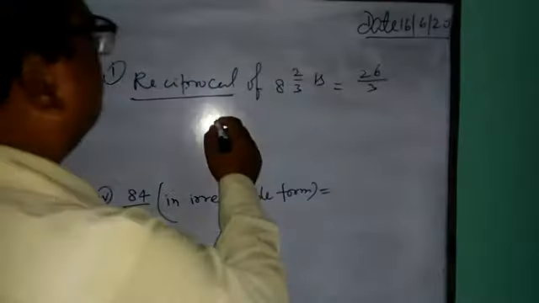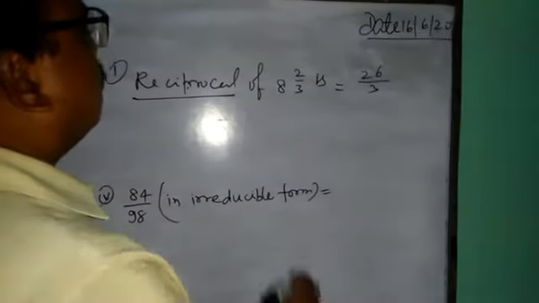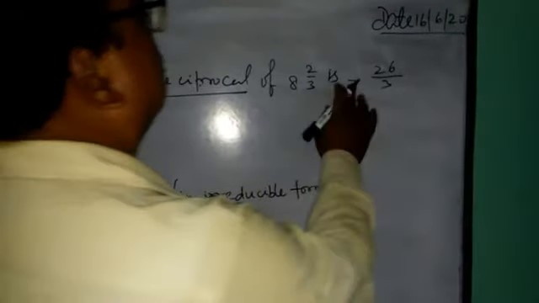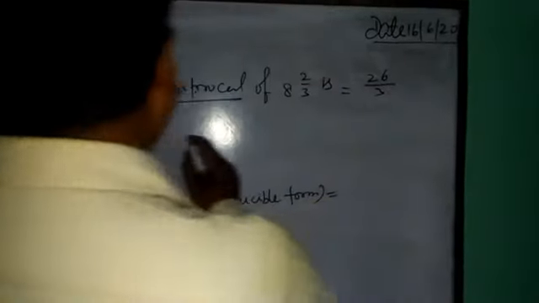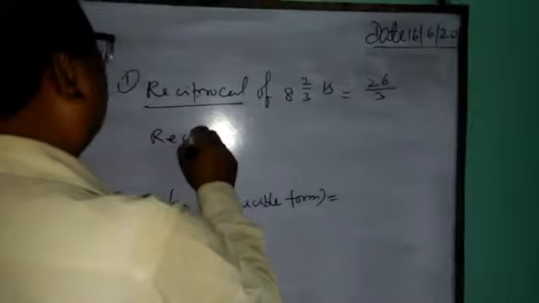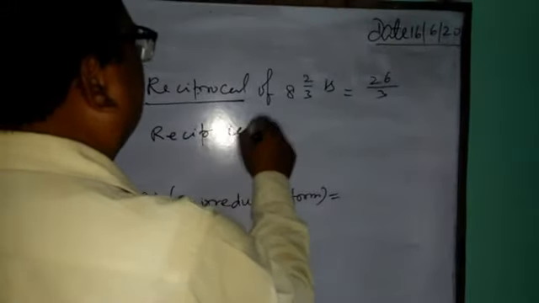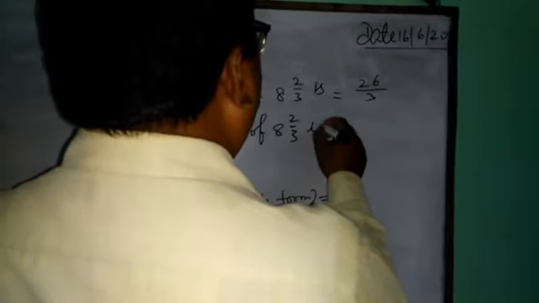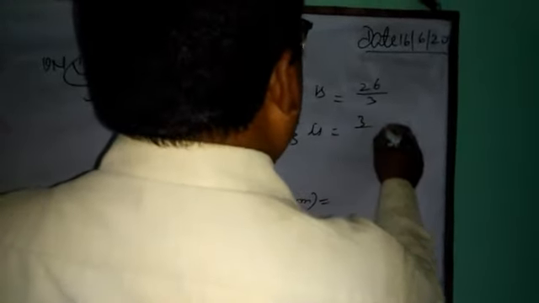So the reciprocal of 8 whole 2 by 3 is 3 by 26.